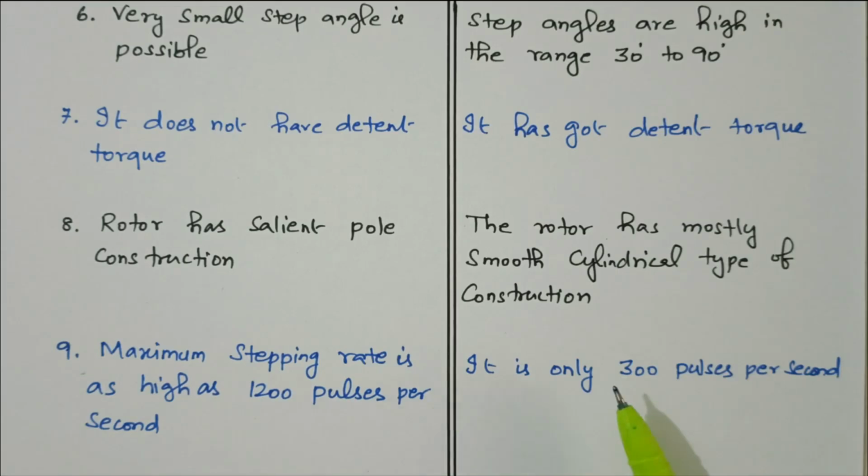But here it is lesser. But for specific applications we use the permanent magnet motor, because the poles have permanent magnets and detent torque is available. Based on that we can use the permanent magnet stepper motor for particular applications.